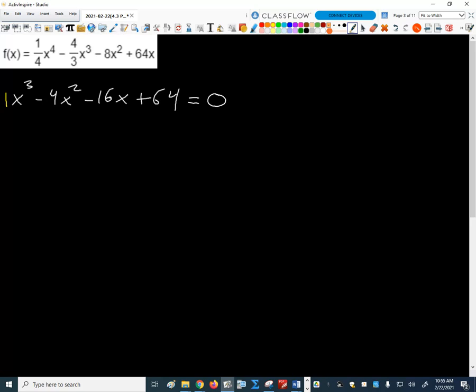So if we split this thing into groups, we've got group 1 and group 2. If we factor out the GCF from group 1, what can I factor out from group 1?